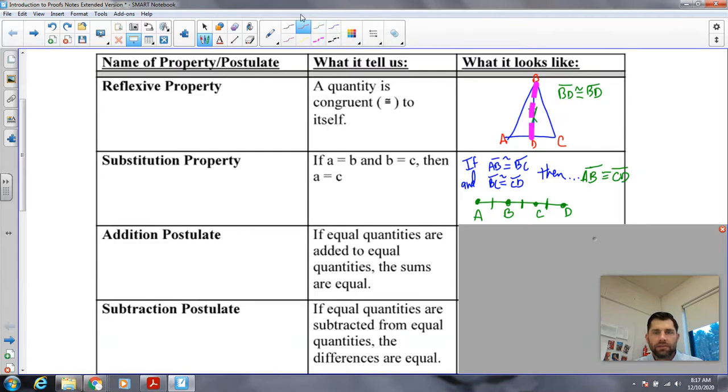A way that I've seen some teachers show this, which is really neat, is if you see two things that are both congruent to different things, so if those BCs show up in both of my congruencies, I can assume that the other two, the AB and the CD, must be congruent to each other. All right, so that's the substitution property.